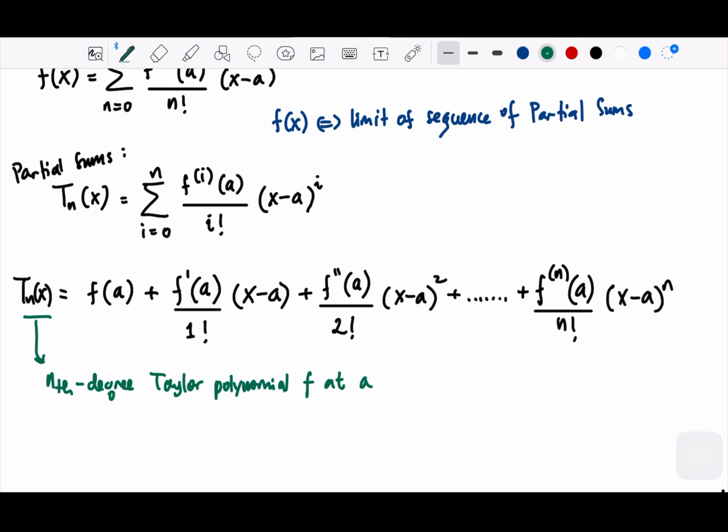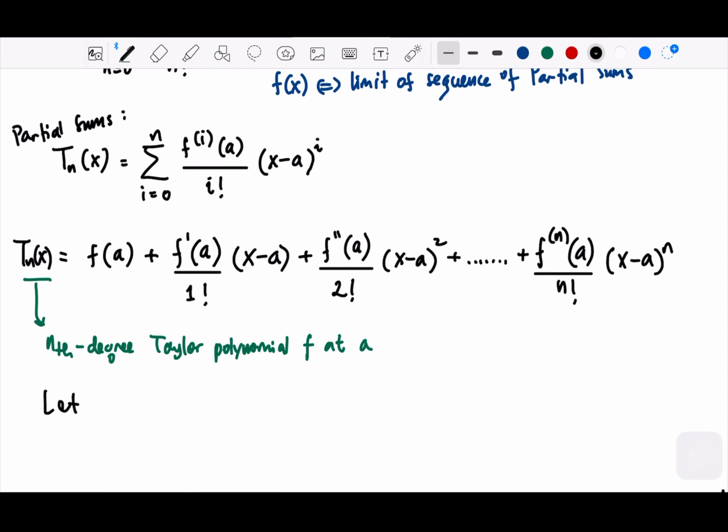Let's say we are going to evaluate a at 0 to get into Maclaurin, and then maybe take as example the function e to the x, like the previous example. So let f of x equal e to the x and a equals 0, so to make it Maclaurin.